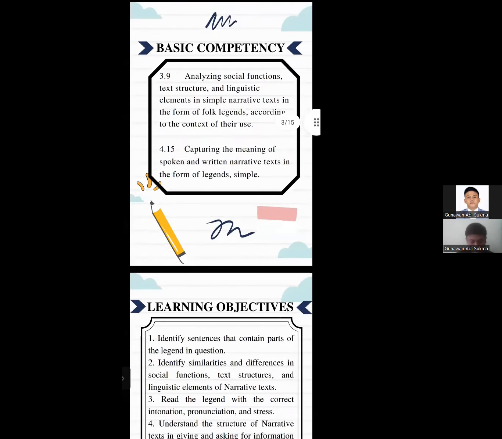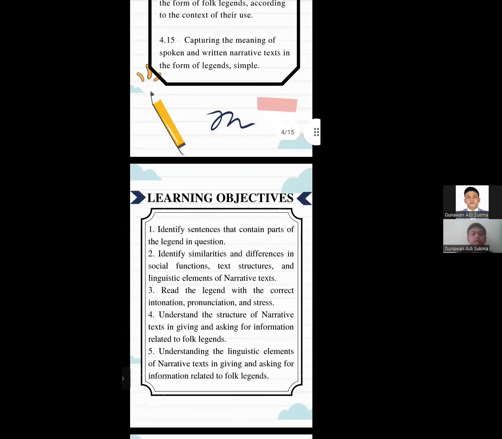Next, I have learning objectives. I have 5 learning objectives. The first is identify sentences that contain part of the legend in question. Number 2 is identify similarities and differences in social function, text structure, and linguistic elements of narrative text.